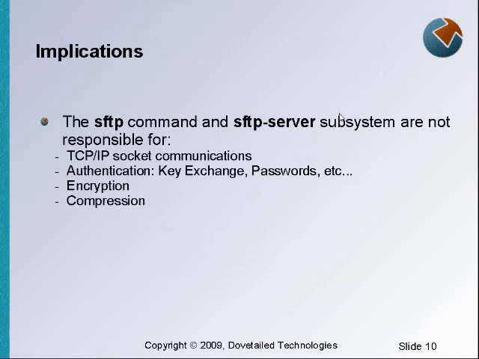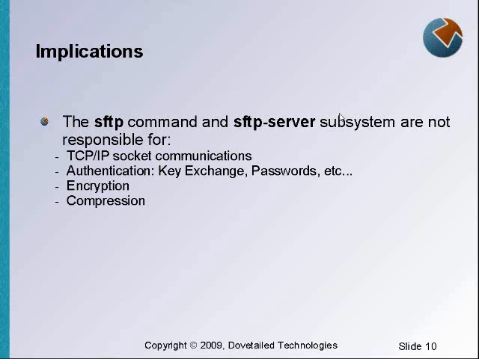The implications of this are pretty important, and I want to reiterate because it's kind of important to understand how these things fit together. The SFTP command and SFTP server subsystem are not responsible for all the stuff that SSH provides. They don't do socket communication. They don't do passwords and key exchange and all that. Encryption, compression, all those things are provided by SSH.